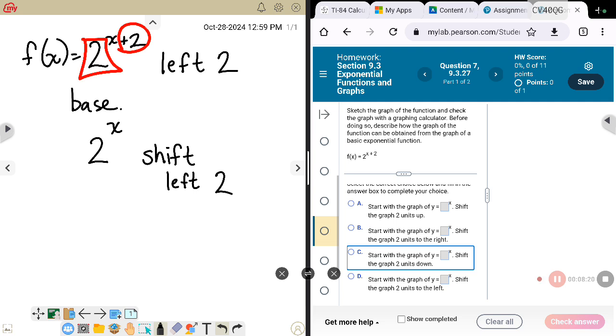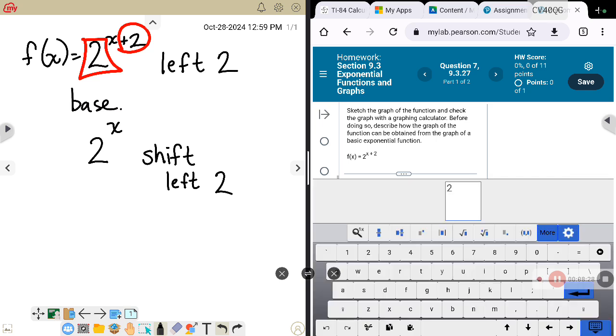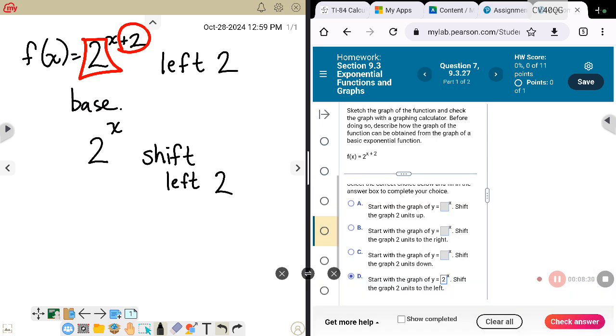So I would choose D. In this box, I am talking about the base being 2. That's what you're going to put in that box. So 2 to the x power, shifting 2 units to the left.